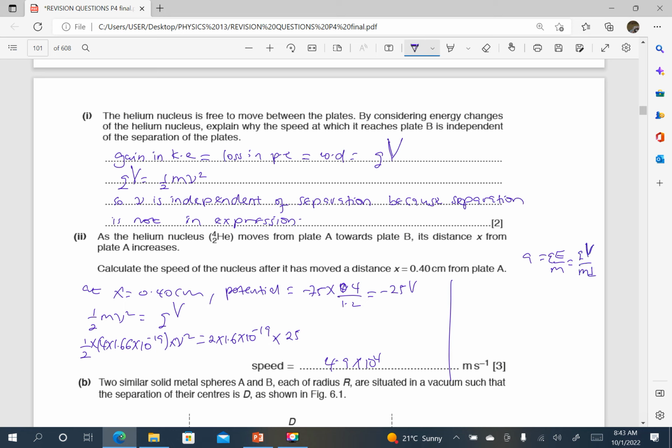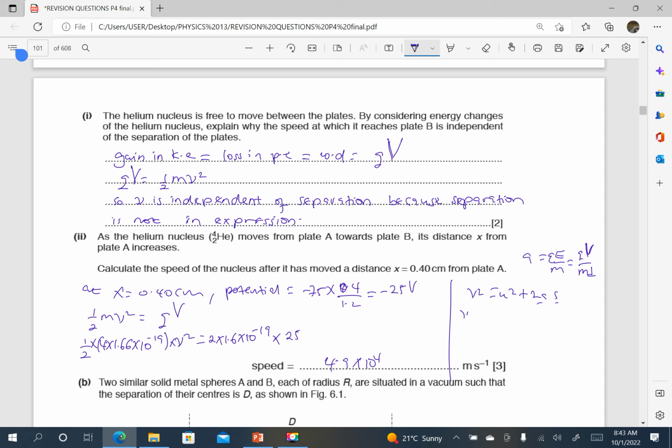Since it is uniformly accelerated, now you can use v squared equals u squared plus 2as. You have the acceleration, you have the distance. If it started from rest, then it becomes very easy.